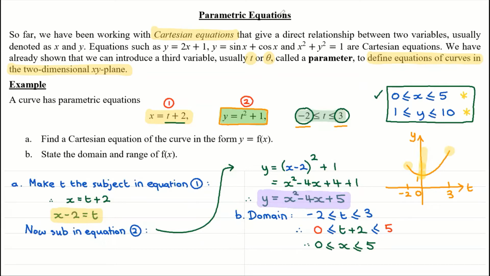Well, for t equals -2, we're going to get -2 squared, which is of course 4, plus 1, which is 5. So this y value is going to be at 5, on the y-axis there. And if we put 3 in, we have 3 squared plus 1, which is, of course, 10. So I'm just going to read off, obviously this is not to scale, 10.